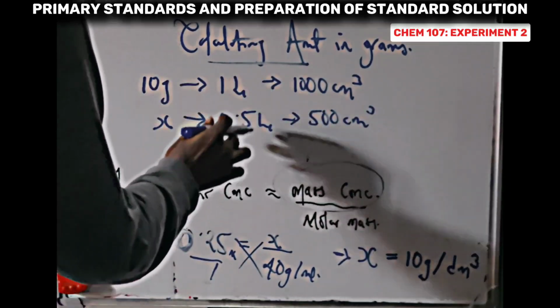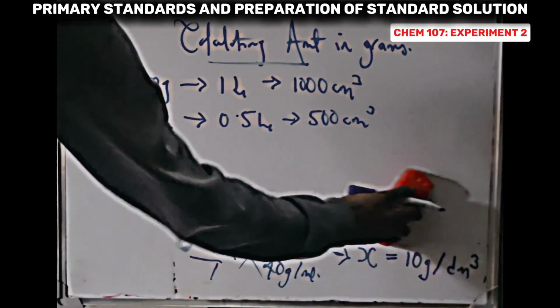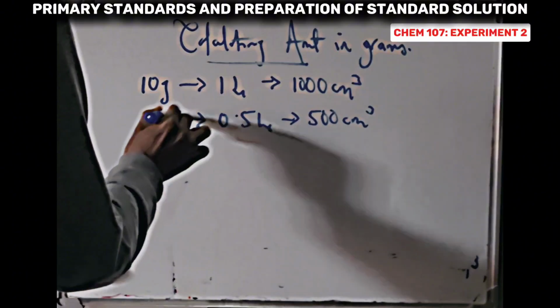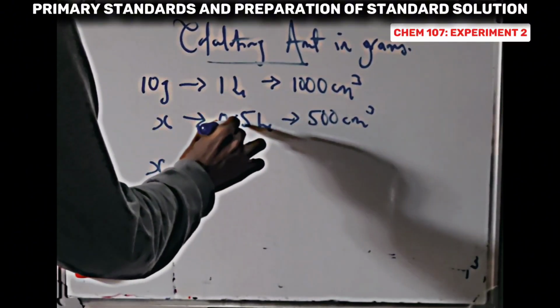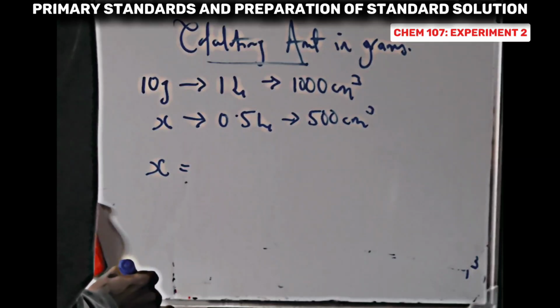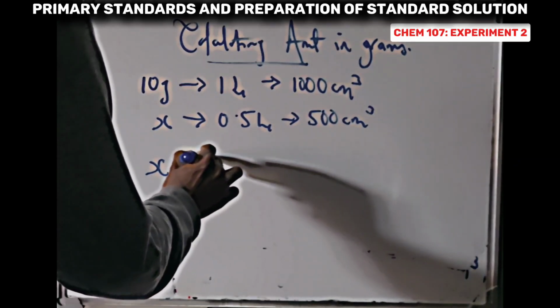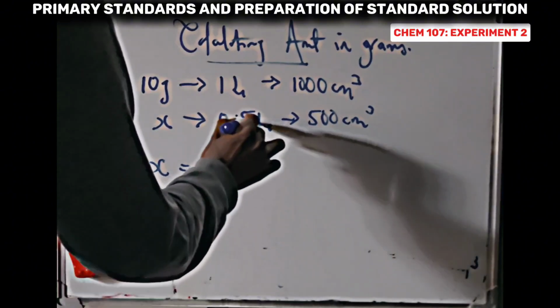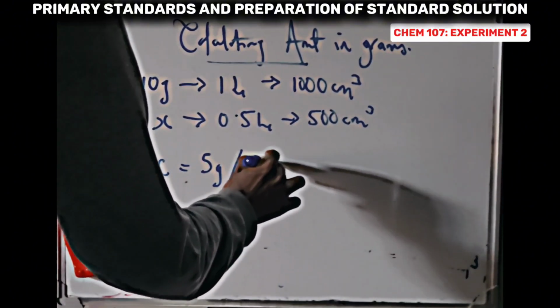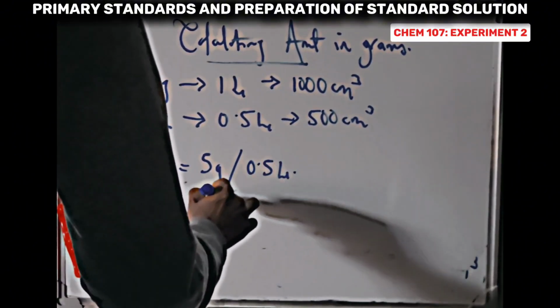Look at the liters, look at the units. So X times 1 is 10 times 0.5, which gives you 5. So this is going to be 5 gram per 0.5 liters. This is the answer.